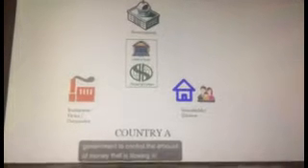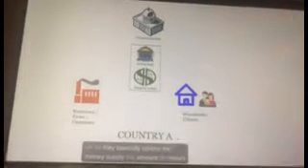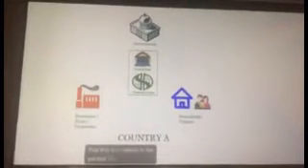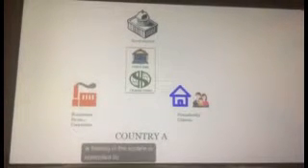Central banks in every country are an autonomous institution who are mandated by the governments to control the amount of money that is flowing in the entire system, okay? So they basically control the money supply. The amount of money that needs to be printed, the amount of money that is flowing in the system is controlled by the central bank, right?